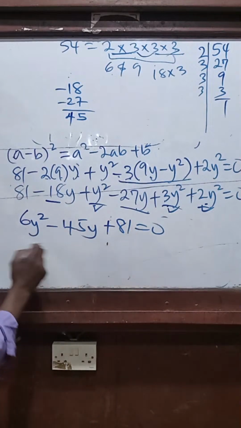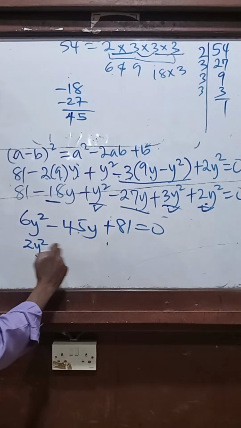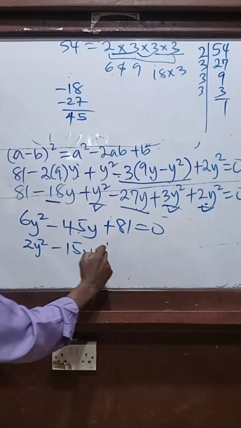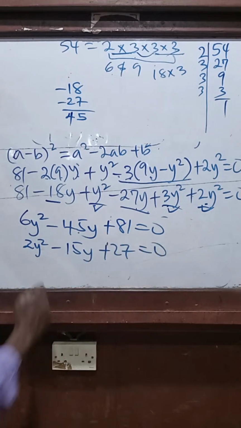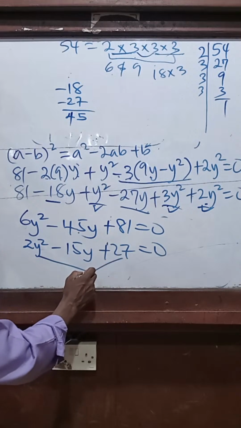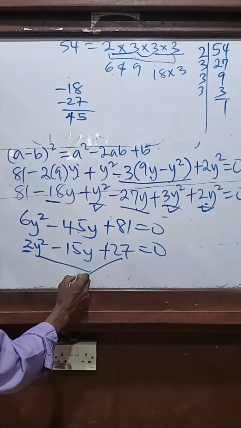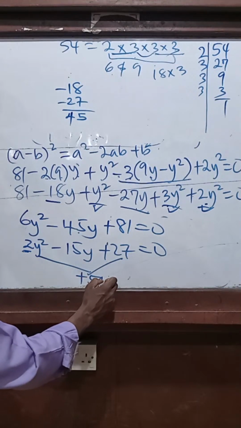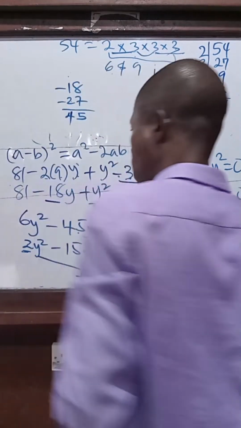Then we can divide each of them by 3. So that will be 2y squared, minus 15y, plus 27, equal to 0. Then you can now do your AC. Your A is 2, your C is 27, and that will be plus 54y squared.